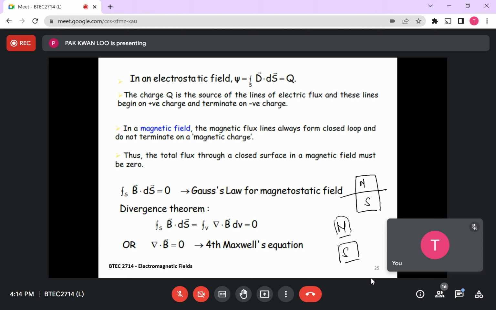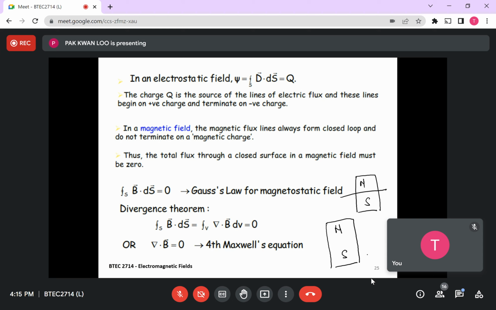Then we have a monopole. No, no, no, no. Please do not think like this, because regardless how many times you break this, after you break it there will always be a north and a south.